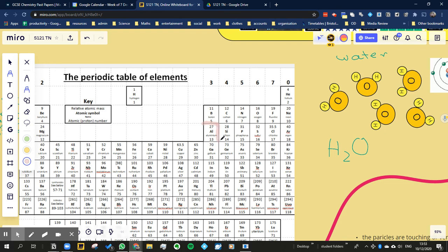I'll draw it around there, and I just keep zigzagging down after that, and that shows me where the metals and the non-metals are. Sorry, all the metals are on the left. So there's loads of metals. All the non-metals are on the right, so there's not that many non-metals. So that's just an introduction to the periodic table and atoms.